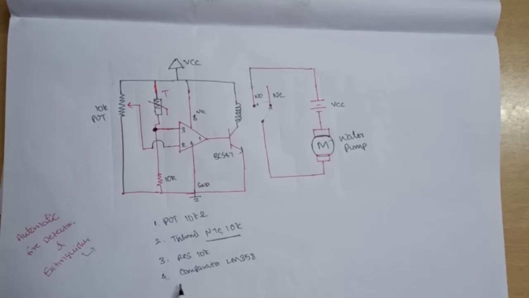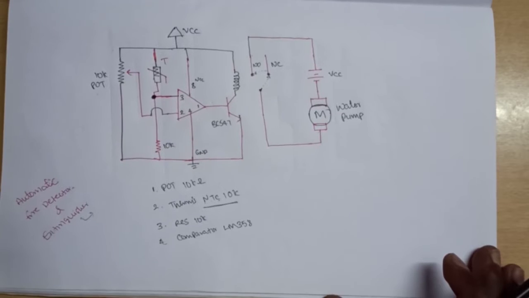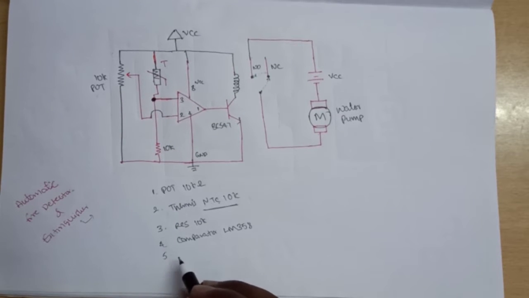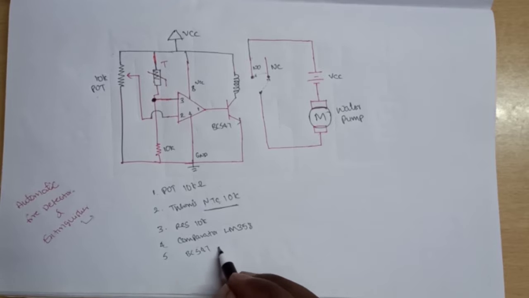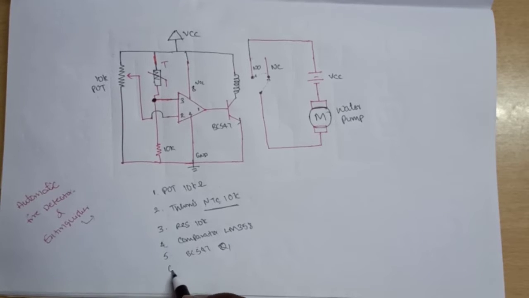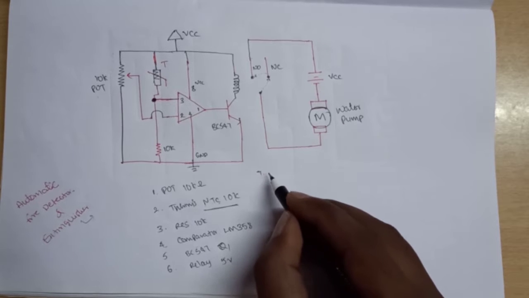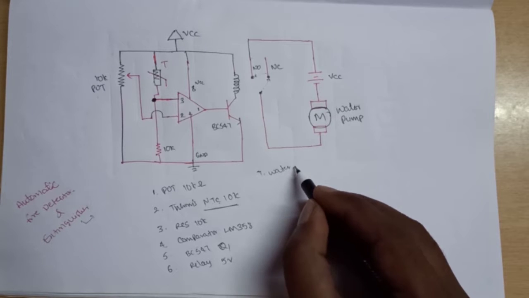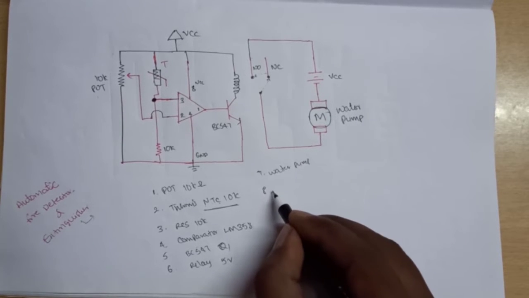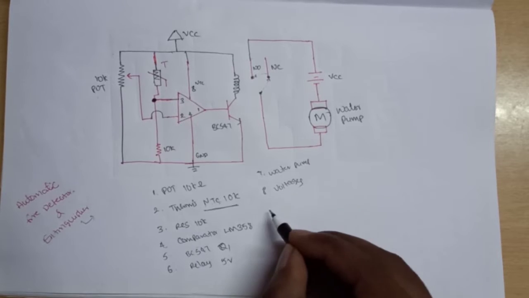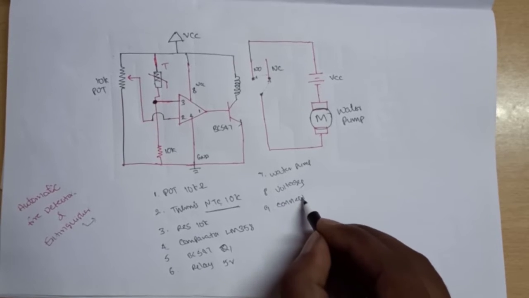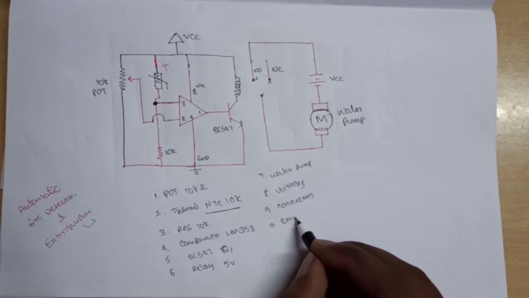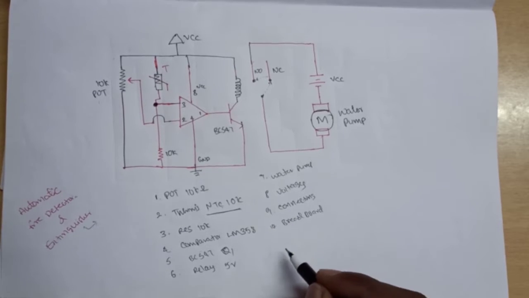Next component is BC547 transistor. Sixth component, relay, which is a 5 volts operating relay. And seventh component, water pump, to pour water on fire. Eighth one, voltage sources and connecting wires. So one breadboard. All these are the components, right?